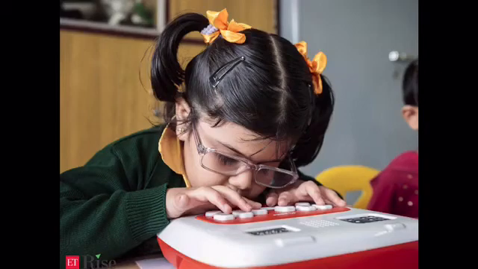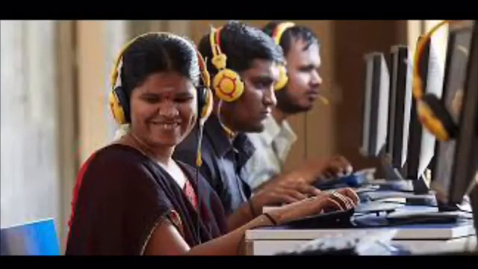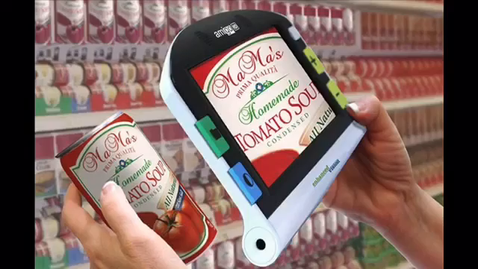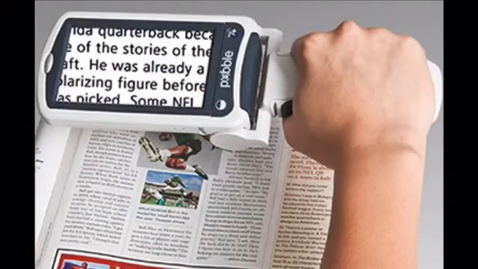These people usually show a marked development of other senses like the sense of hearing, touch, etc. Many aids have been developed to make their life easy. They can be divided into two categories, optical and non-optical devices.